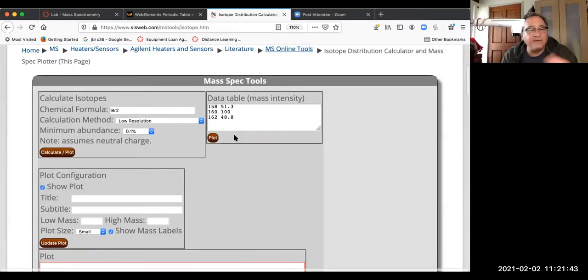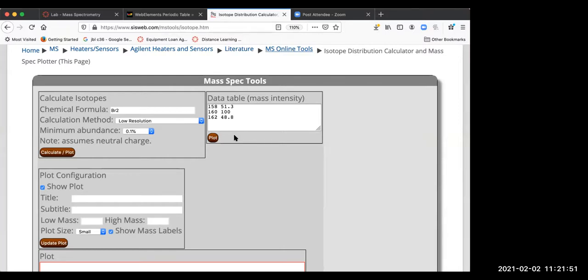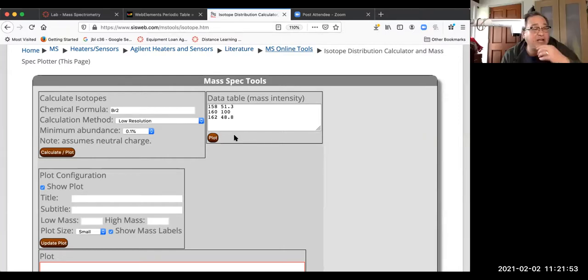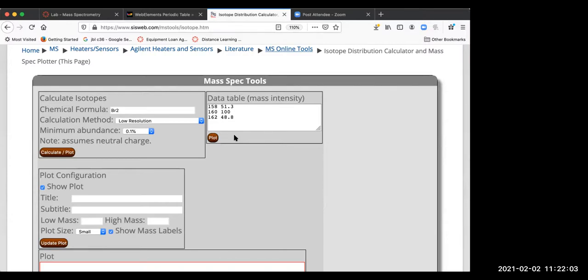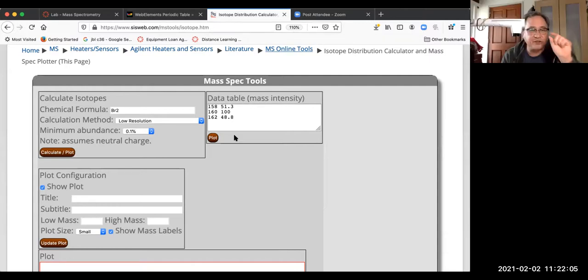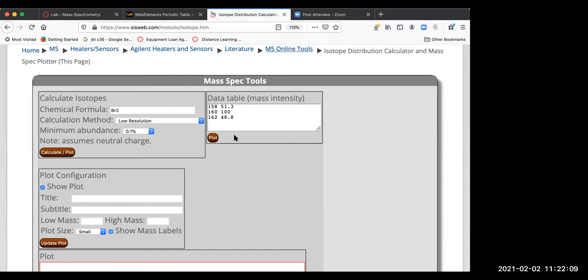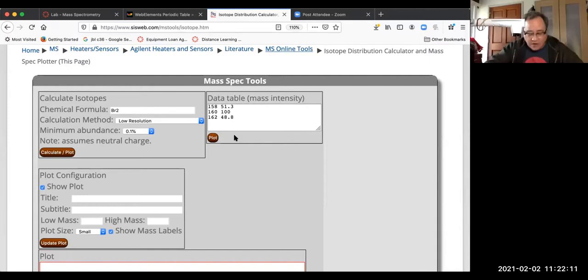Does it look like the 158 is about half of the 160? Yeah. 51.3, that's about half. Does it look like the 162 is about half of the 160? 48.8 is just about half of 100, right? Does it look like the 162 is just a skosh shorter than the 158? Yes. So this explains what's going on.